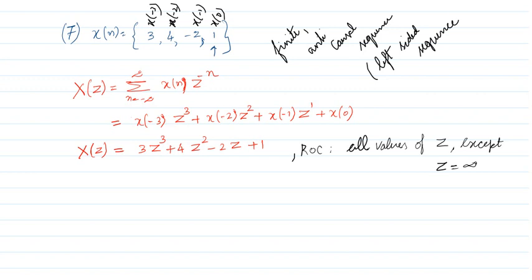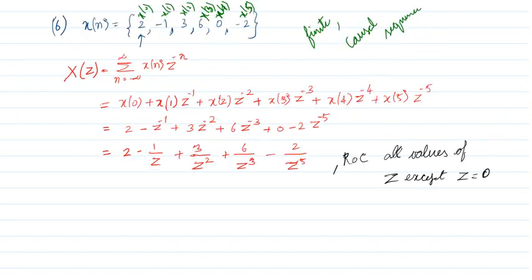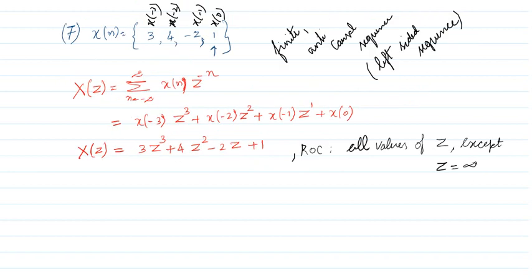Similarly, in the last slide, for a causal sequence, some books use right-sided sequence, because for positive values it is from 0, from the right side, time is increasing to the right side. For a finite anti-causal left-sided sequence, ROC is all values of z except z equal to infinite.